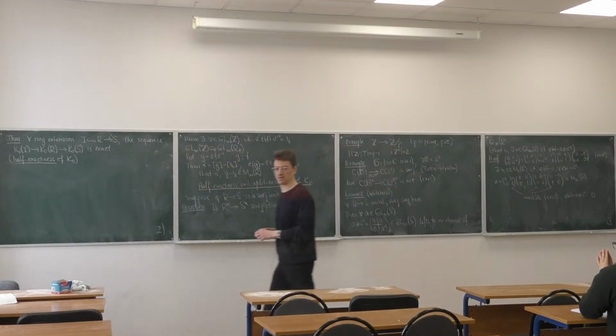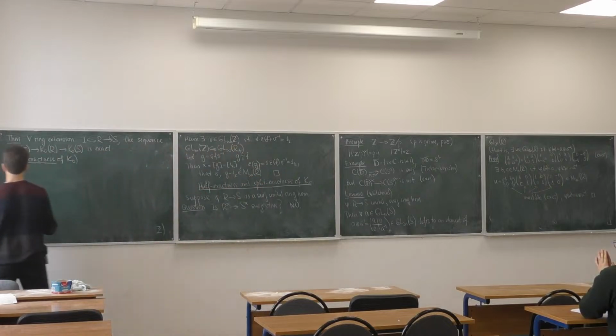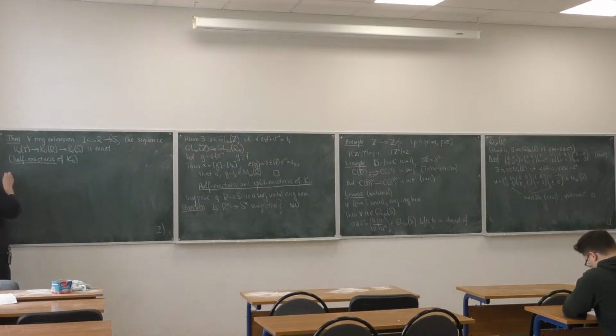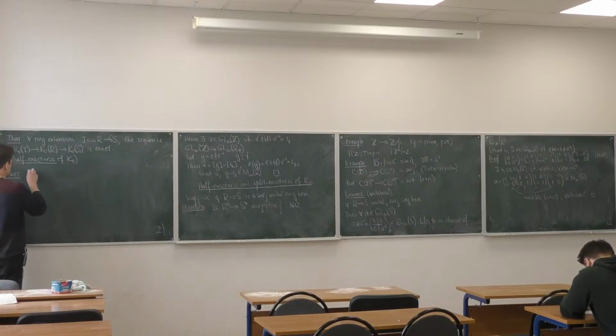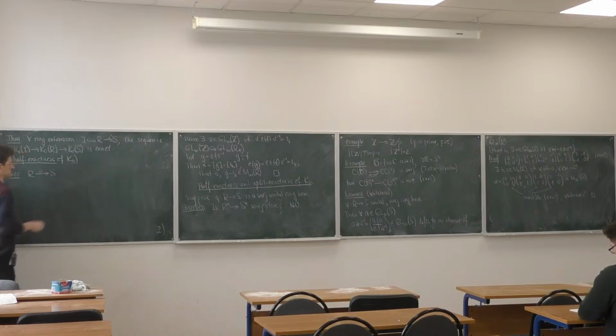As a first step in the proof of this theorem, I suggest the following preliminary exercise. Suppose we have two rings, R and S, and consider the zero map from R to S. Of course, this is a ring homomorphism.